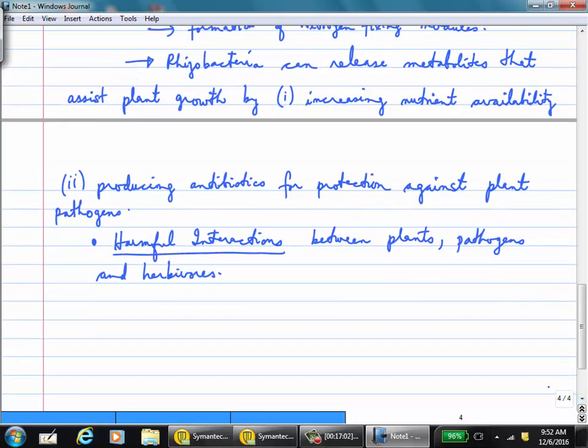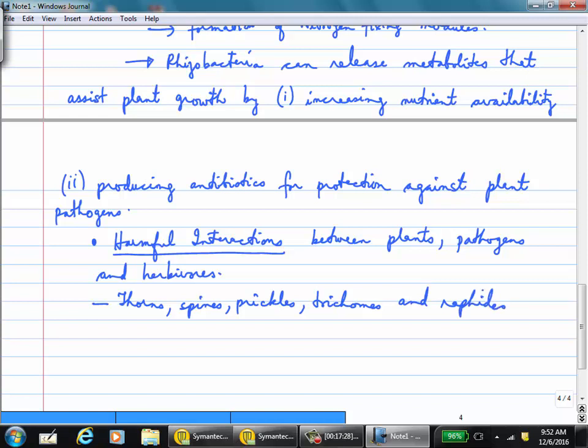And the first line of defense for the plant against these harmful interactions is mechanical barriers. So many of these plants are equipped with thorns, then spines, prickles, trichomes, and raphids. And the book has details about each of these things.